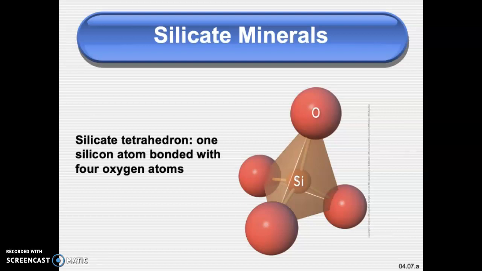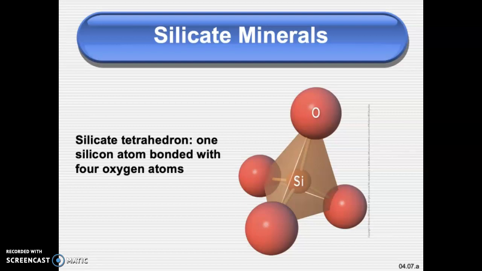So at the core of the silicate minerals are what we refer to as the silicon-oxygen tetrahedron, or the silicate tetrahedron. You'll notice there's one silicon atom in the middle, and it is bonded covalently with 4 oxygen atoms. So the oxygen atoms surround the silicon atom.